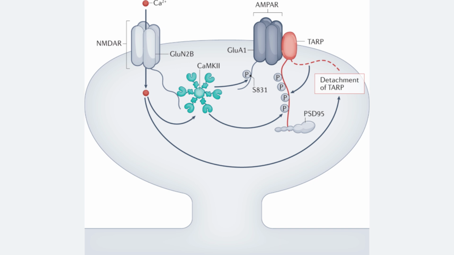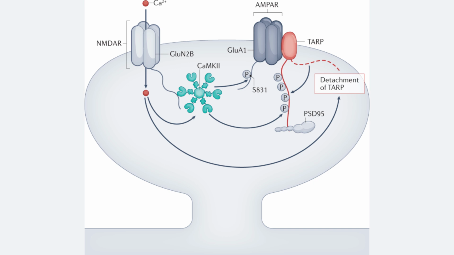CAMK2, which is a kinase necessary for LTP, has a relatively high calcium/calmodulin affinity. When calcium spikes are high and brief, it can undergo autophosphorylation to stay active after a big burst of calcium. In contrast, calcineurin, which is a phosphatase that promotes LTD, can be activated by lower sustained calcium.